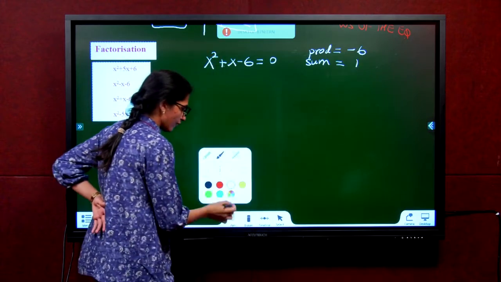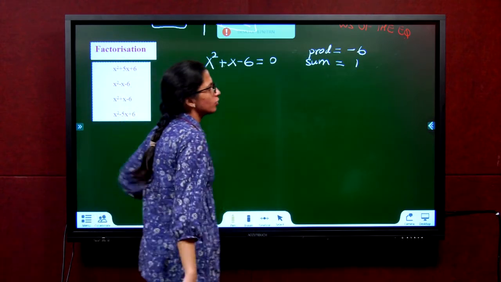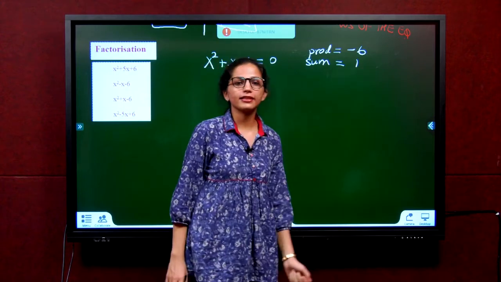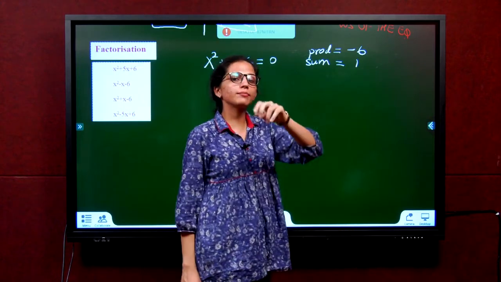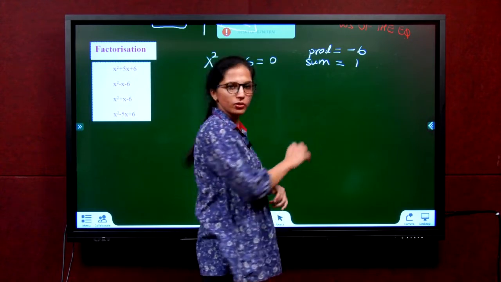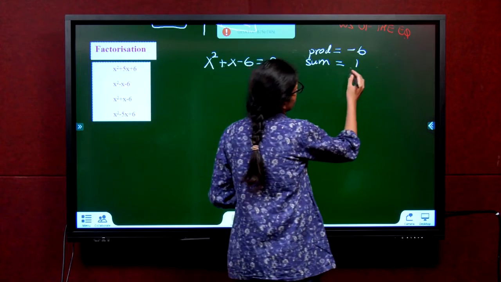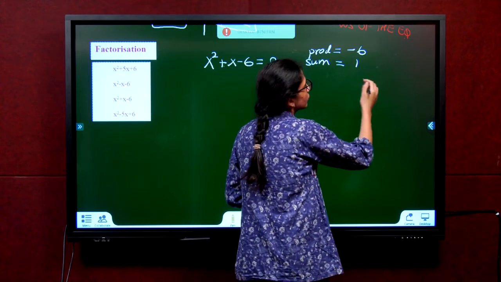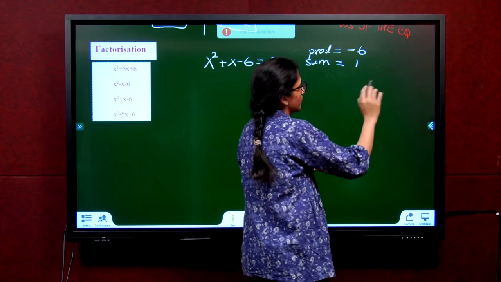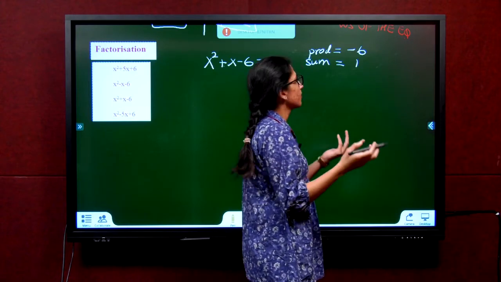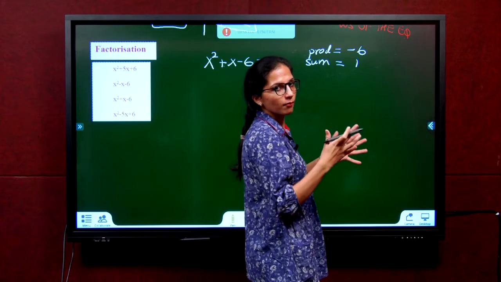So you have to split 1 in such a way that you find 2 numbers whose sum is 1 but the product is minus 6. You will say 3 plus 2, 3 plus 2 is 5, not possible. 3 minus 2, minus 3 minus 2, minus 3 plus 2, different combinations.